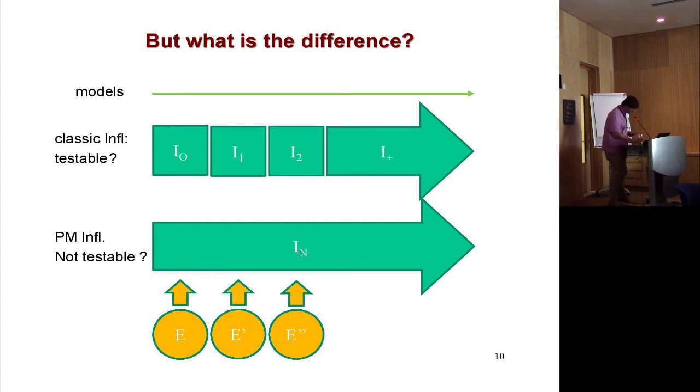So this means that from a Bayesian perspective, it's completely irrelevant whether you take this to be the theory or take that to be the theory, because in terms of probabilistic assessment, in principle you do the same thing. Either you can test the theory or you cannot. In other words, the way they present it, if there is a problem for inflation, it's not just for postmodern inflation, but it's exactly the same problem for classic inflation.